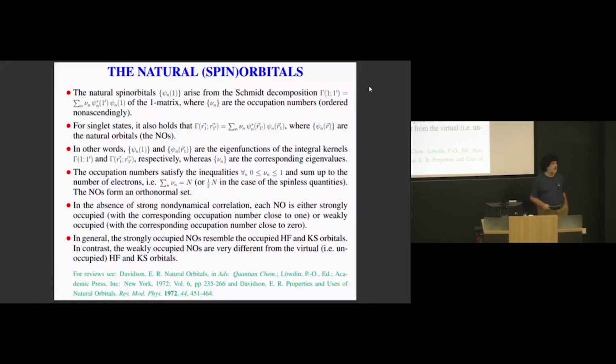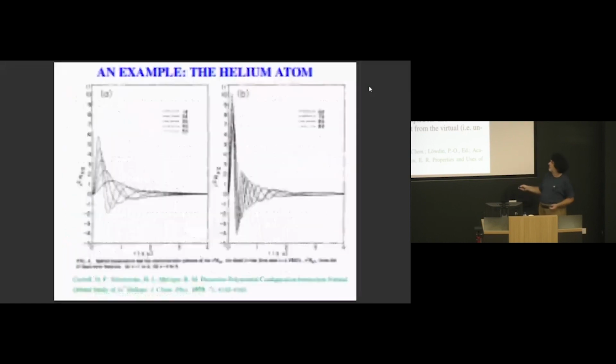So you would say, then why do we bother about those natural orbitals? Well, we should bother because all the details, so to speak, electron correlation effects, which have to be taken into account if you want to predict things quantitatively, actually sit in weakly occupied NOs, and they are very, very different from unoccupied Hartree-Fock and Kohn-Sham orbitals.